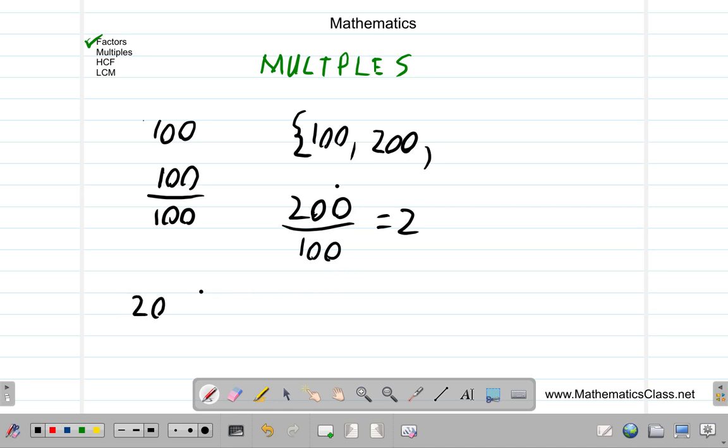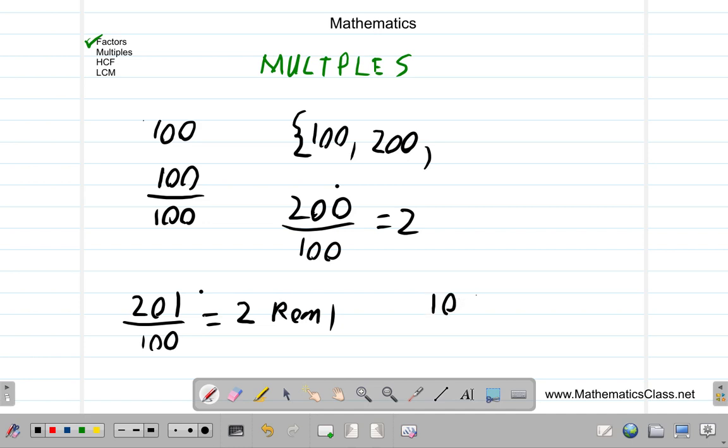Suppose we try 201. Is it a multiple of 100? 100 into 201 is 2, remainder 1. You get a remainder. So 201 is not a multiple of 100.